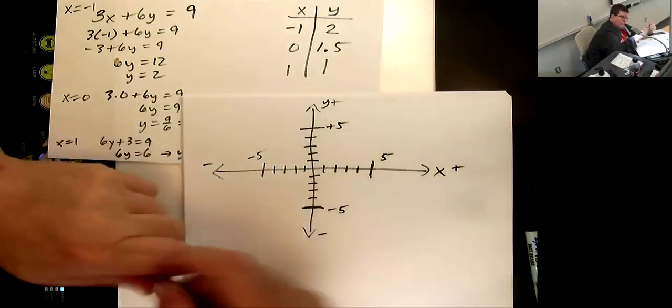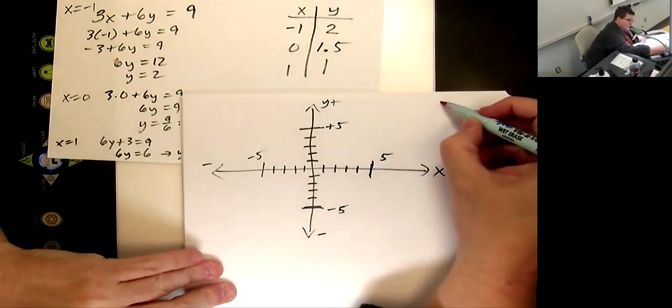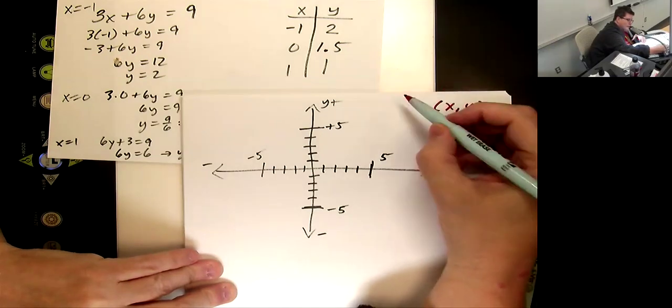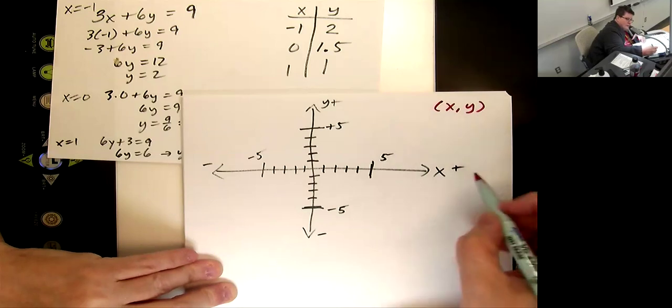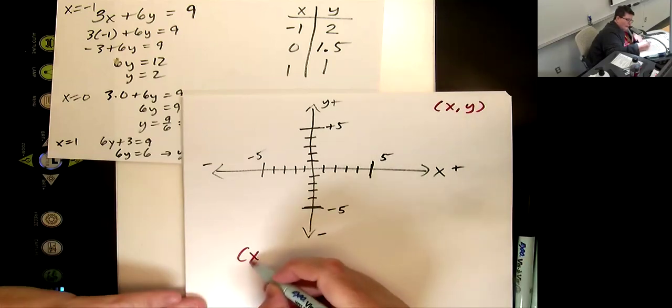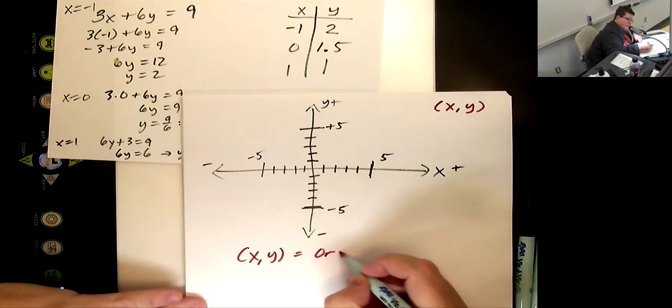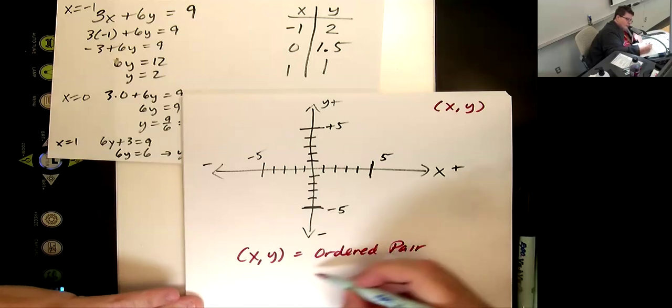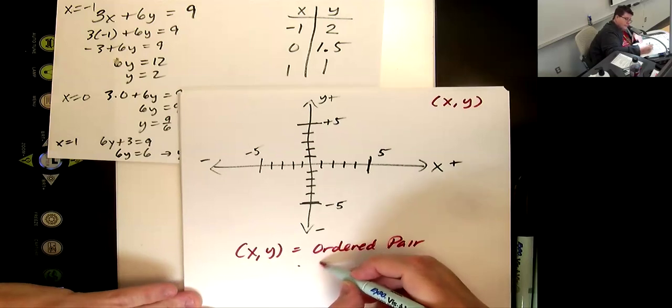And then we tend to write pairs as X comma Y, which is called an ordered pair. It's also known as coordinates.